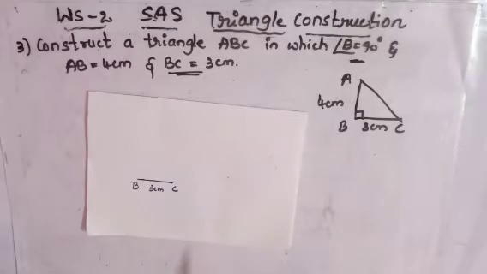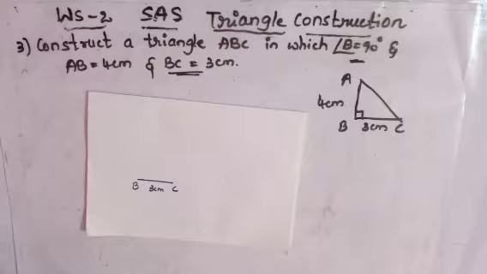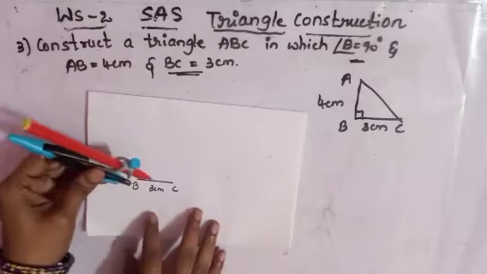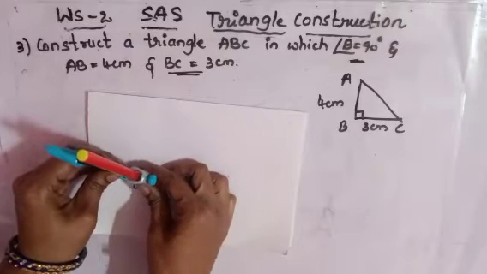Next, we have to make an angle of 90 degrees. With the help of a compass only, we make the 90 degree angle. Place the compass at B. Take a convenient radius, any radius you can take.